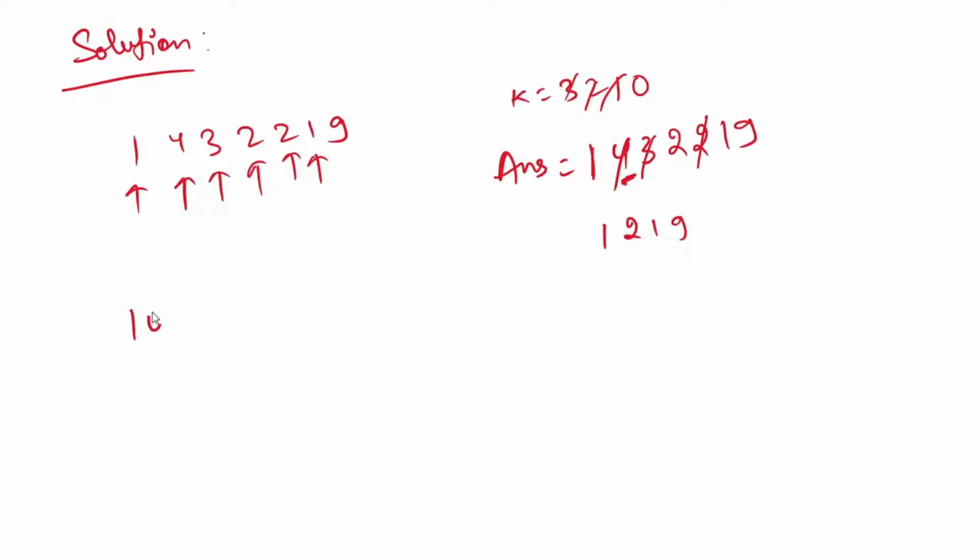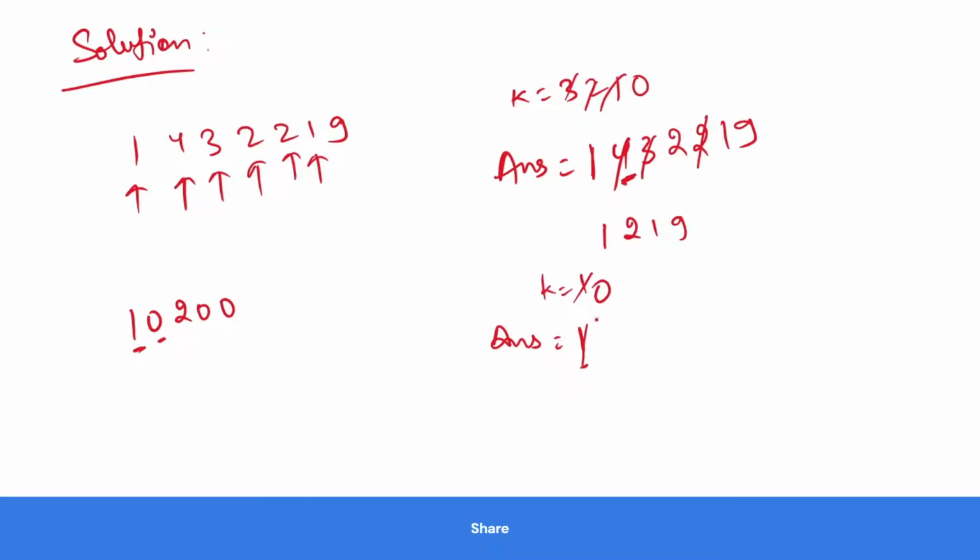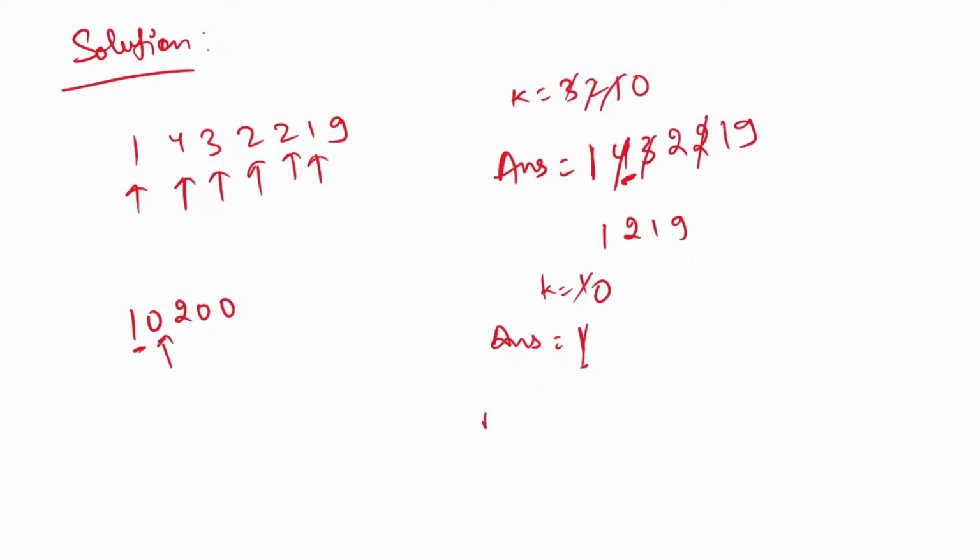Let's say I have 120 and k is 1. First of all, I will add my first digit. Now for the second digit, is the top greater? Yes, 1 is greater, so I will delete it and my k becomes 0. Now my next digit is 0.